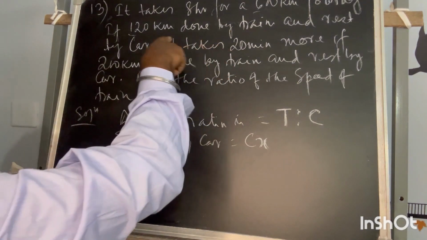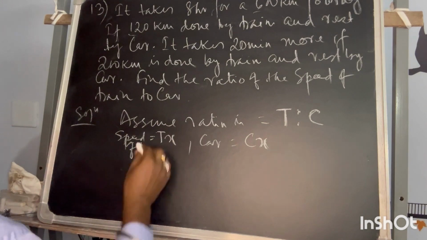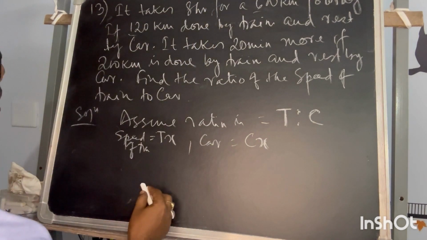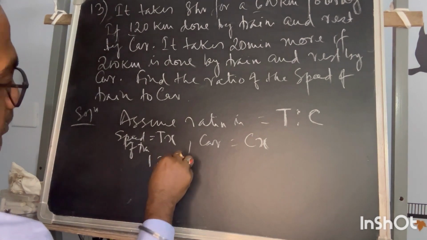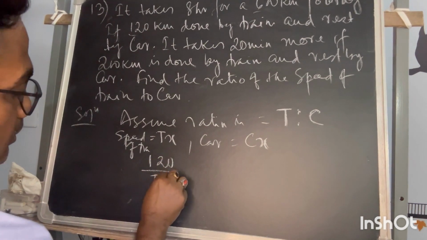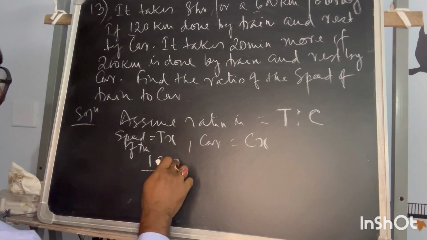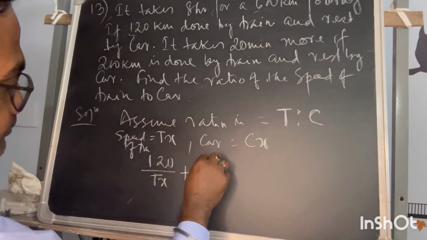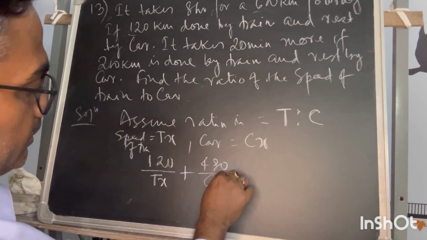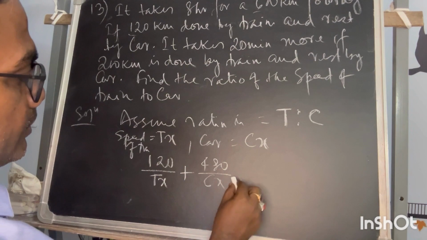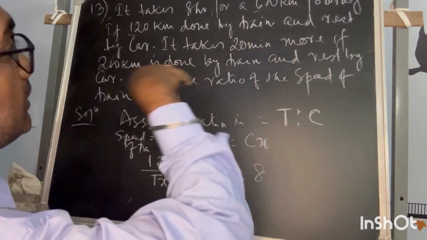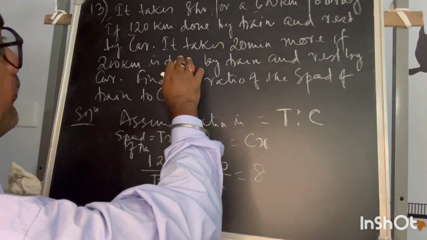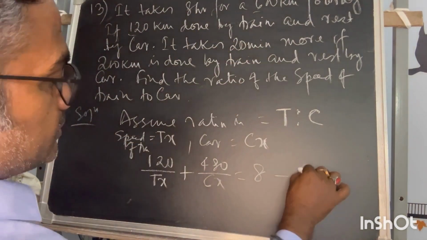So if 120 kilometers are done by train and the total journey is 8 hours, the first equation will be: 120 done by train with the speed tx, distance upon speed gives time, plus 480 by cx. Okay, that will give you 8 hours, because I am taking the same unit, hours, everywhere. This is the first equation.